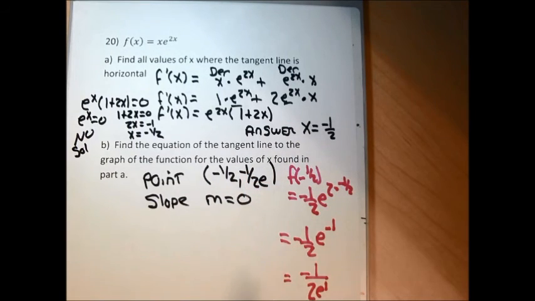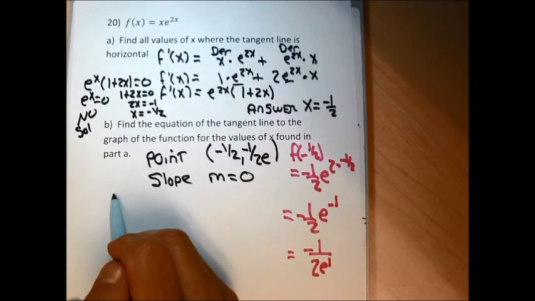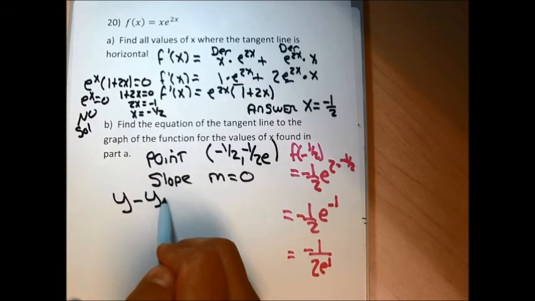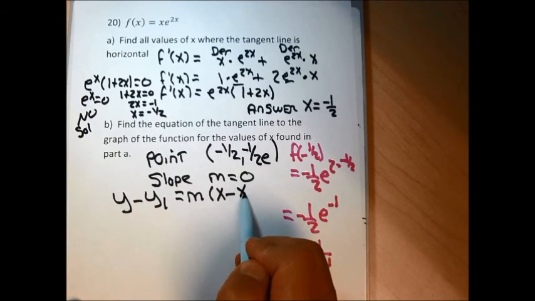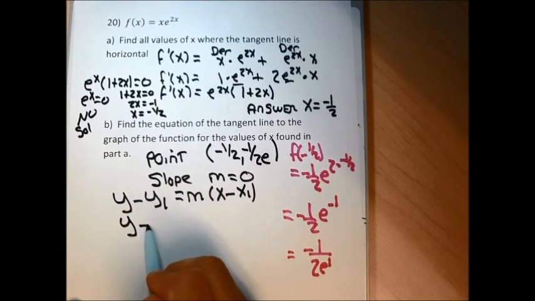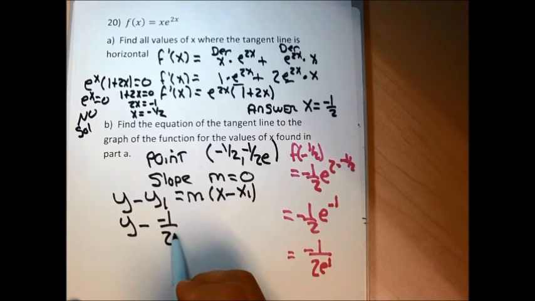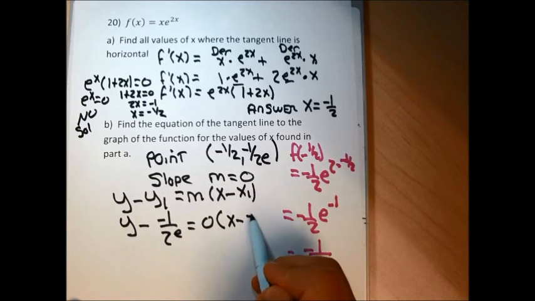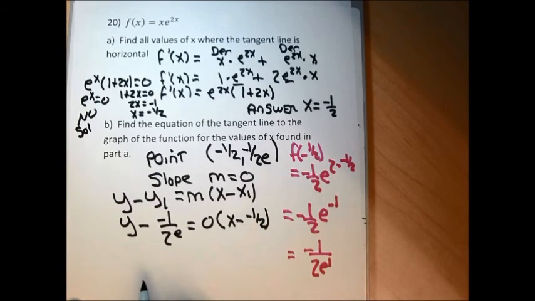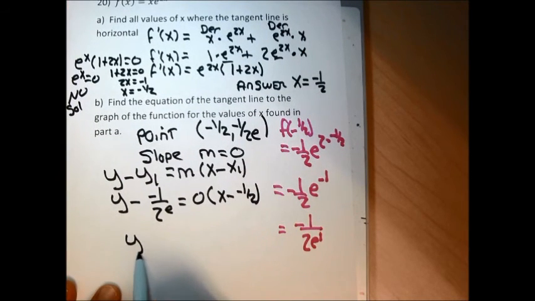If I know the shortcut, I can write my answer to part B. If I don't remember the shortcut, I can go y minus y1 equals m times x minus x1. It's going to give me y minus negative 1 over 2e equals 0 times x minus minus 1/2. On the left side, I have a double negative, which goes positive.